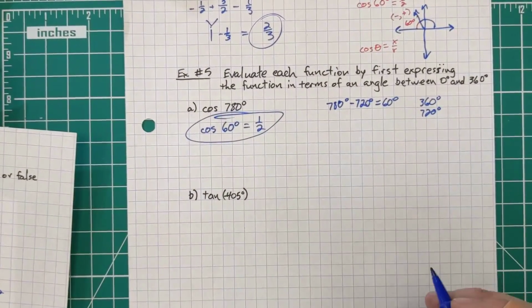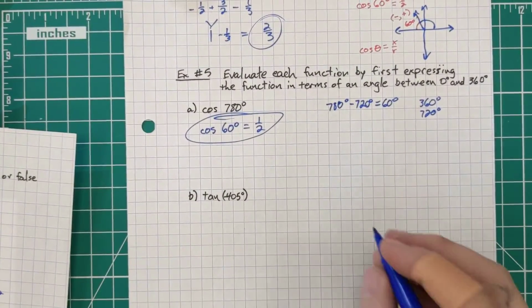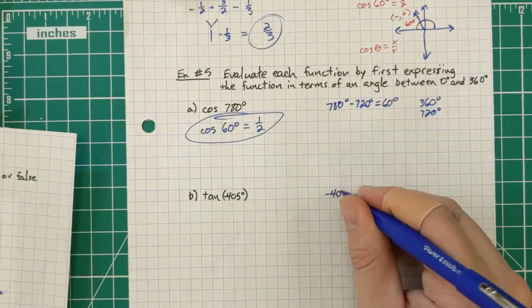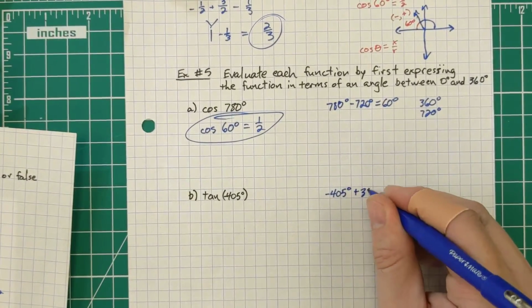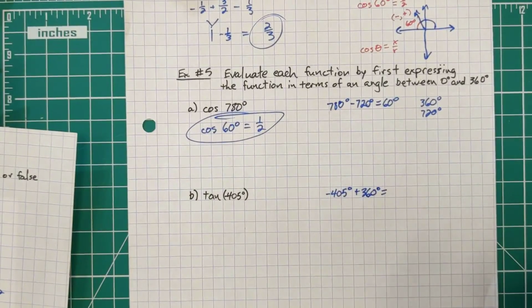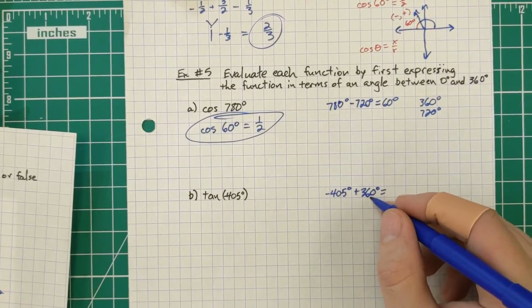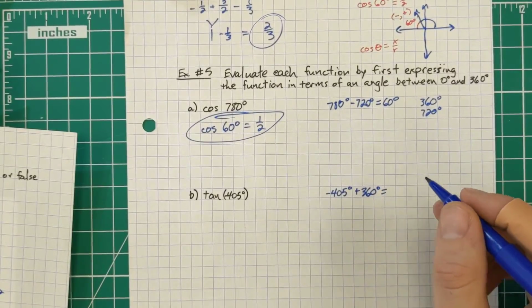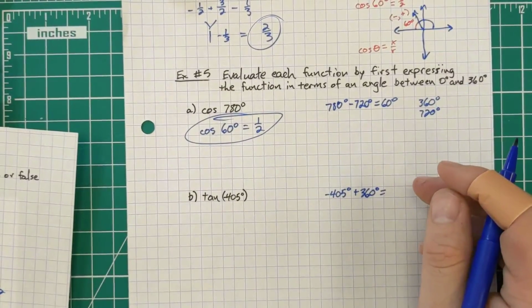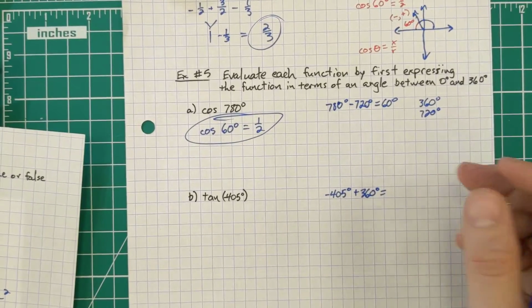Okay, tangent of negative 405. Okay, well, one thing you can do is you could just add 360 until you get positive. You could recognize that, well, I'll need to go more than 360, so I'll need to add at least 720. It doesn't matter to me what method you use.